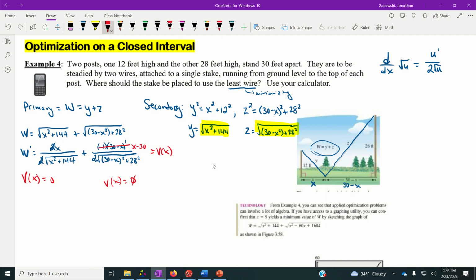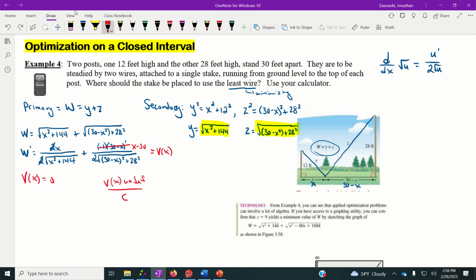And because we have a quantity squared plus 28 squared here, this is also never going to be undefined. This quantity is always going to be positive, and we're adding 28, and if 0 goes in, it becomes 28 squared. So it's never going to be undefined. We don't have to worry about this part of it, and instead of putting this little symbol here, we're going to put undefined.